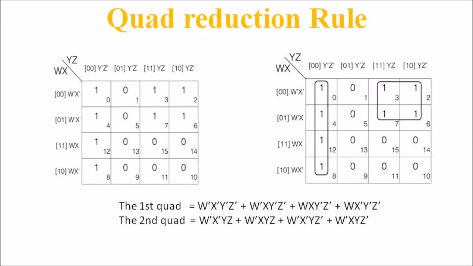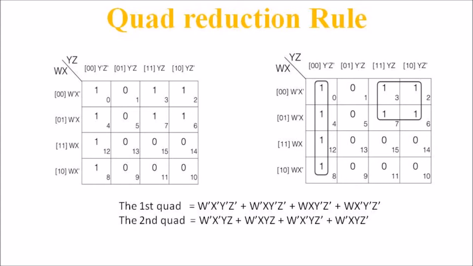The first quad is W' X' Y' Z' plus W' X Y' Z' plus W X Y' Z' plus W X' Y' Z', and the second quad is W' X' Y Z plus W' X Y Z plus W' X' Y Z' plus W' X Y Z'.